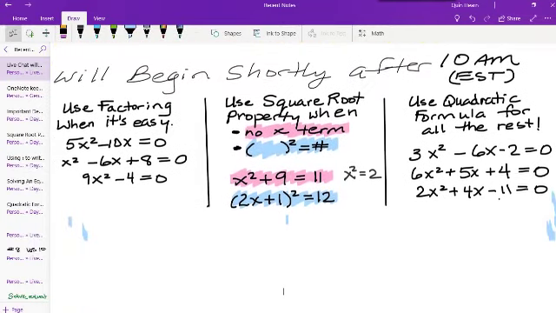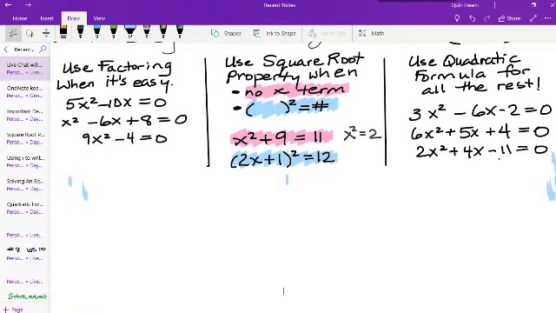There we go. All right, so let's say that you are asked to solve 5x squared minus 10x equals 0. When you see that you have an x in both of the terms, in other words, there's no constant term, then you know that you can factor out a greatest common factor.